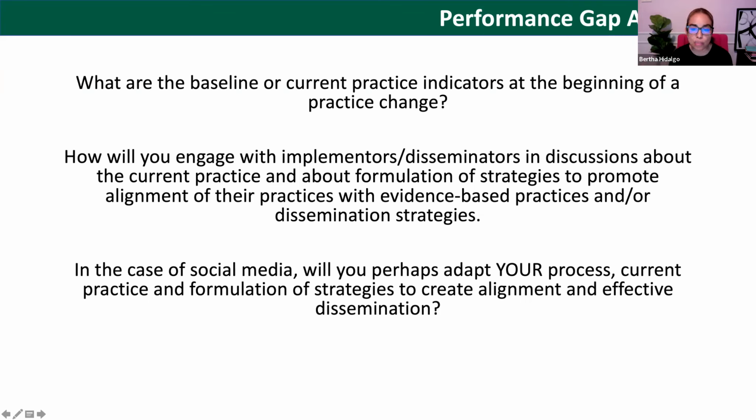In the case of social media, will you adapt your process, your current practice and formulation strategy so that you can align and make sure that the dissemination is effective? Let's say your strategy is going to be different if you're on LinkedIn because your audience is going to be different.